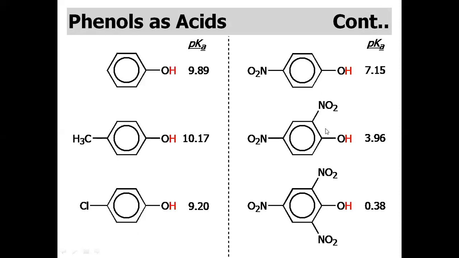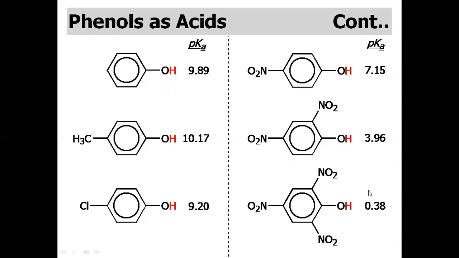Another example, when we have the dinitro-containing phenol derivative, its pKa is 3.96, much lower than the mononitrophenol. And in another example, when we have the trinitro-containing phenol, its pKa is 0.38.